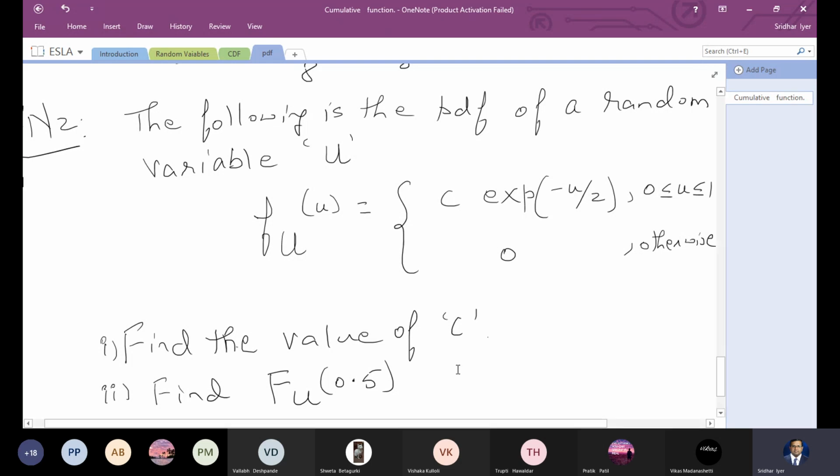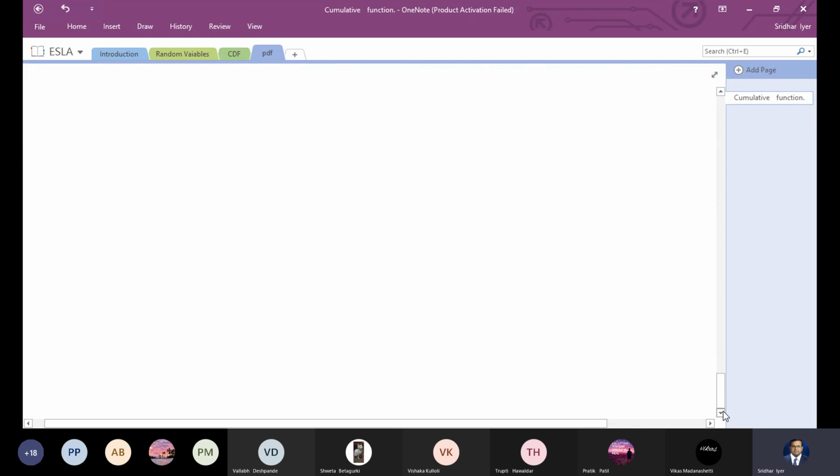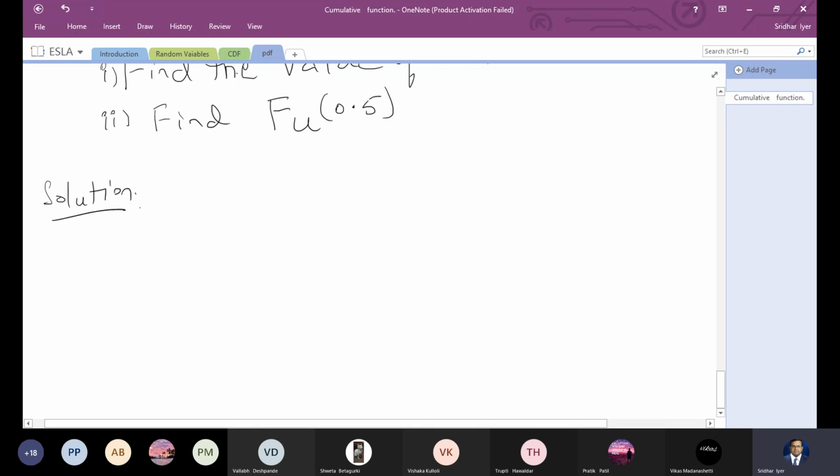I'm hoping you are trying to solve it. So let me start now here. So let's start the solution somewhere here. We need to calculate the value of c, and the PDF is between 0 to 1.